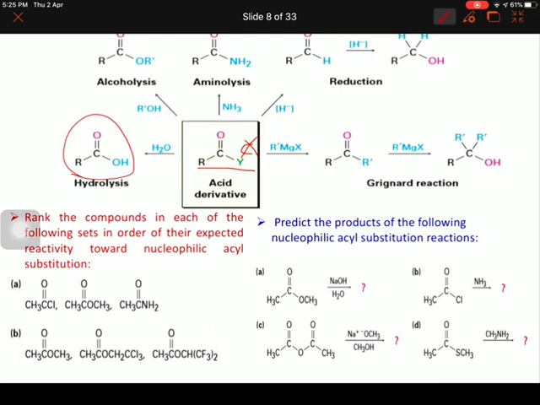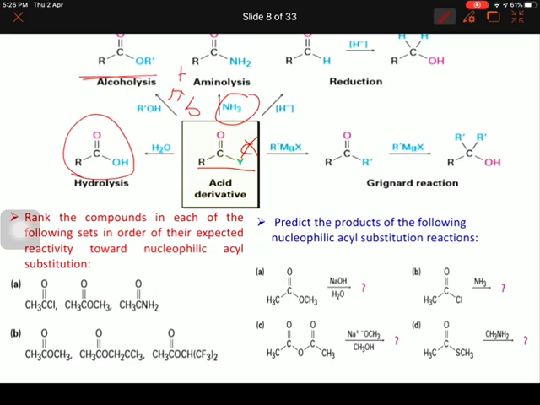The second one is the reaction between the acid halide, or the carboxylic acid derivative, with alcohol to get replacement and form an ester compound. Here the condition is either base or acid as a catalyst. Or reaction with an amine to get the amide.